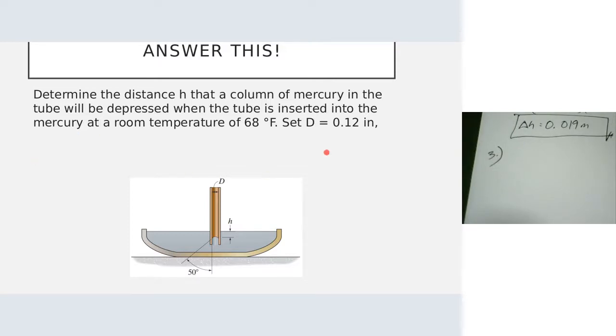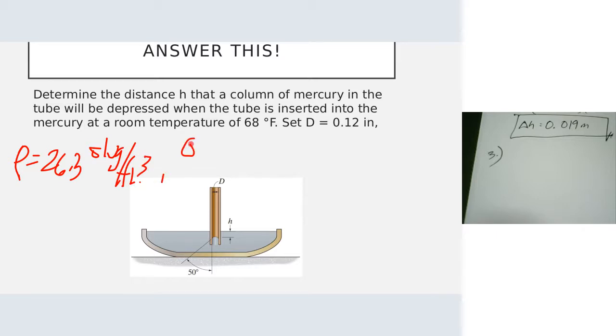Okay. So, question. Determine the distance h that a column of mercury in the tube will be depressed when the tube is inserted into the mercury at a room temperature of 68 degree Fahrenheit. Set D equal to 0.12 inch. May kasunod pa yan. Rho, okay, may given na rho mass density to be 26.3 slug per feet cube.